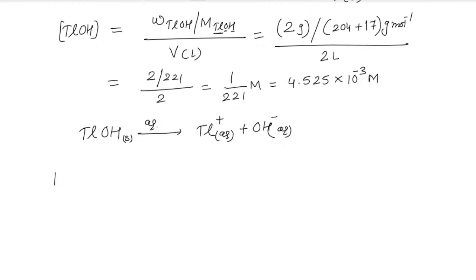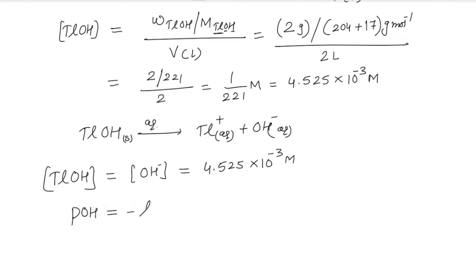So the concentration of thallium hydroxide is equal to the concentration of OH negative ions, and that is equal to 4.525 into 10 raised to power minus 3 molar, right? So let us calculate pOH. So what is pOH?